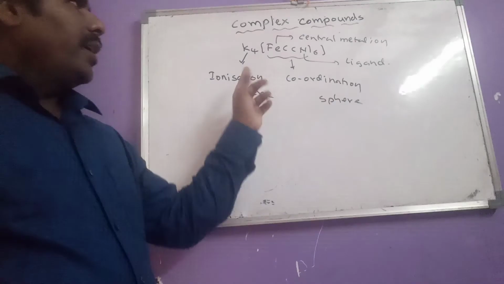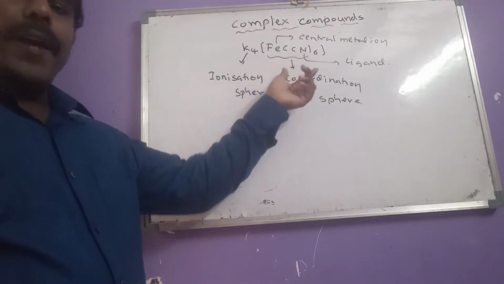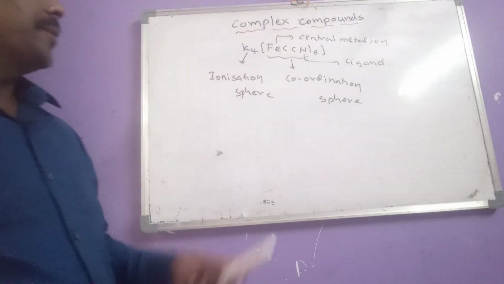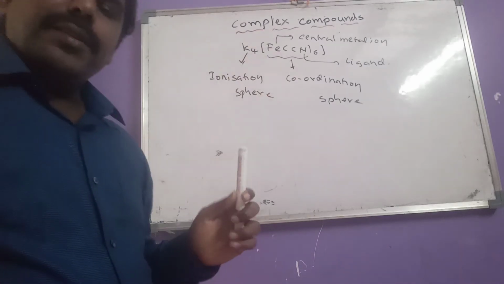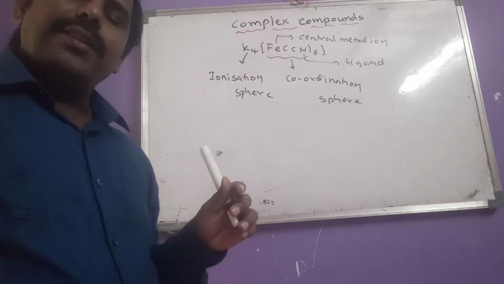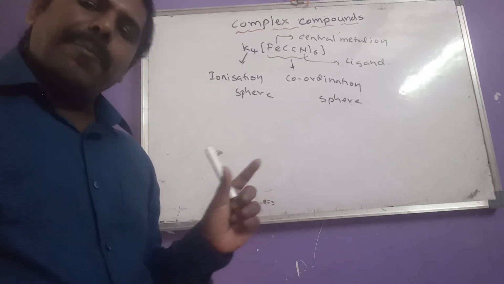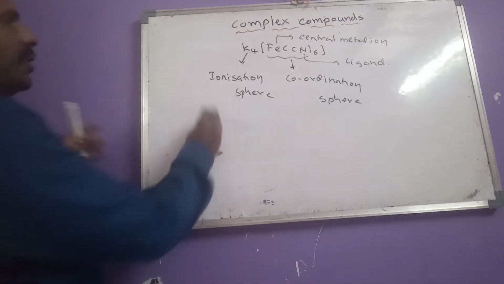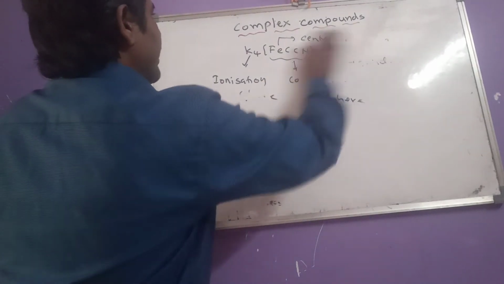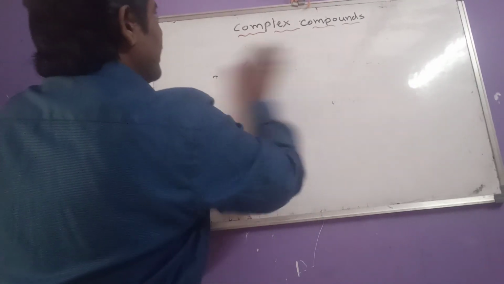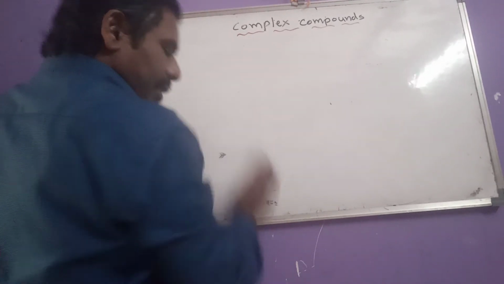Okay, then now let us see the types of complex compounds. Based on the type of ligands, two types of complex compounds are present. First one is homoleptic complex compounds.